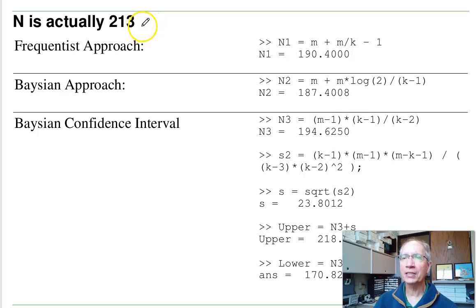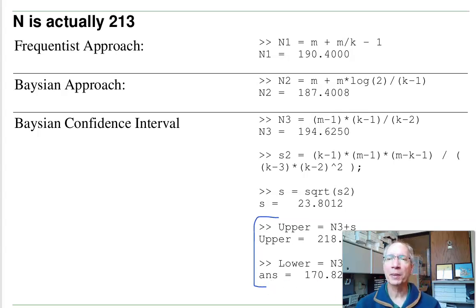If I look at it, N's actually 213. The frequentist, Bayesian, and confidence interval are all pretty close. The confidence interval actually brackets it pretty well. I'll get different answers every time I run this, but that's kind of an example of the German tank problem.